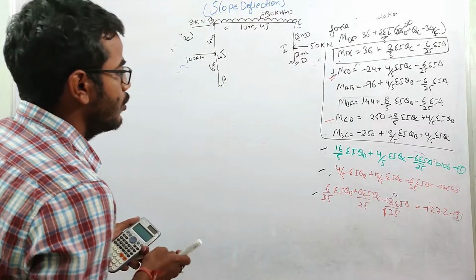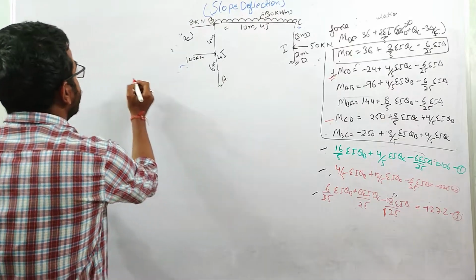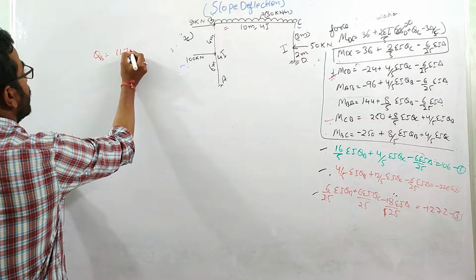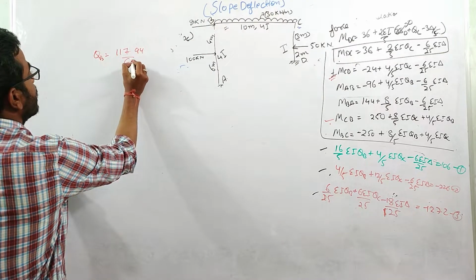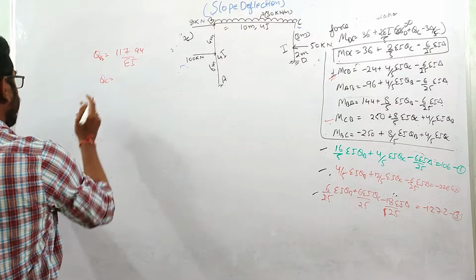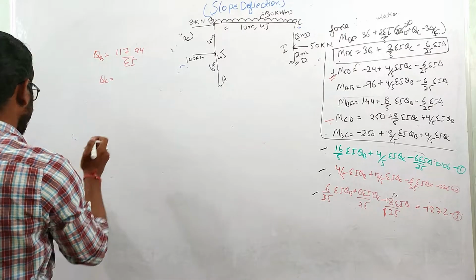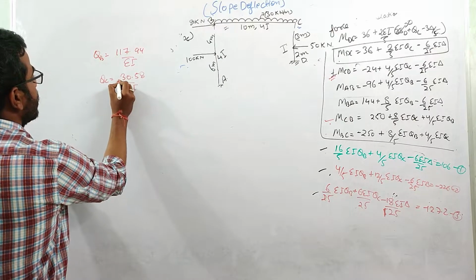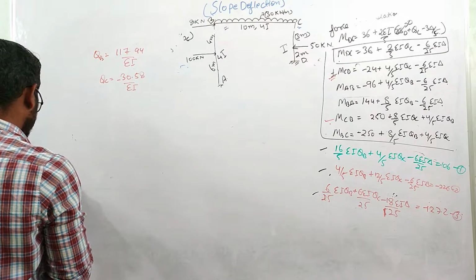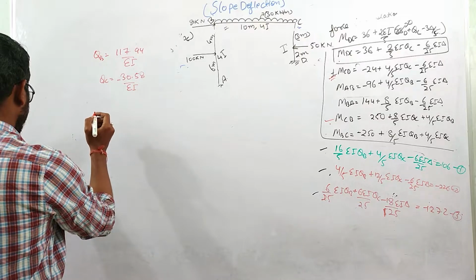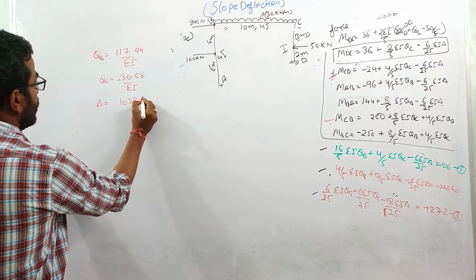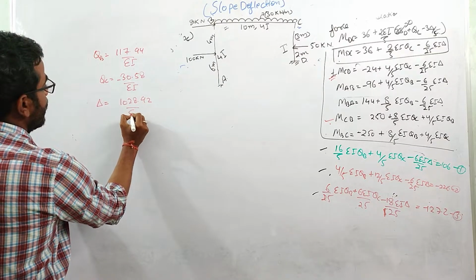So guys, you can see over here the value of theta B is coming out to be 117.94 over EI, and the value of theta C is 30.58 over EI with negative sign, and the value of delta is equal to 1028.92 over EI.